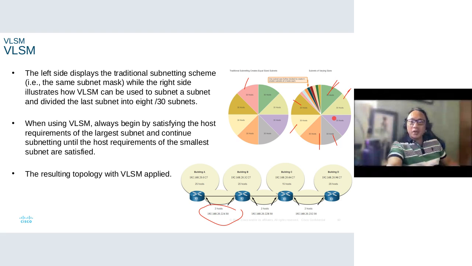Ito dapat yung masasayang. Pero ito yung magagamit mo for future use because ang ginawa natin dito sa subnet na to, dinivide natin siya into a subnet that can give us ito yung /30, 2 hosts per subnet. Okay? 2 usable hosts. So that's what variable length subnet masking can do.